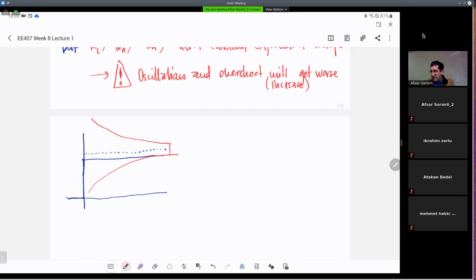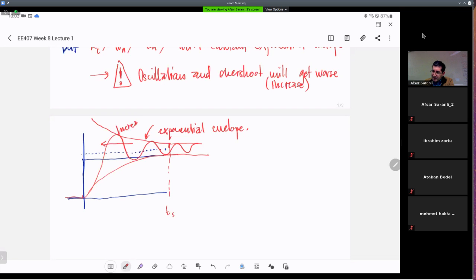And let's say that this is your settling time. Settling time is constant. Okay, you increase Kc, settling time doesn't change because the exponential envelope is constant. But if this is your response, as you increase Kc, these will be squeezed.